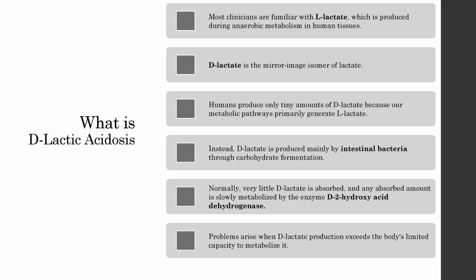Instead, D-lactate is produced mainly by intestinal bacteria through carbohydrate fermentation. Normally, very little D-lactate is absorbed, and any absorbed amount is slowly metabolized by the enzyme. Problems arise when D-lactate production exceeds the body's limited capacity to metabolize it.